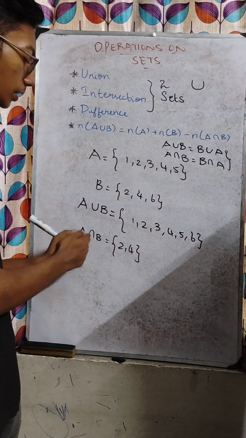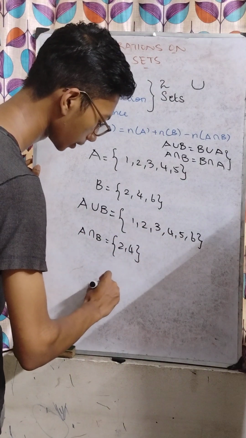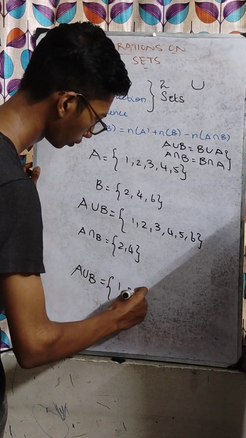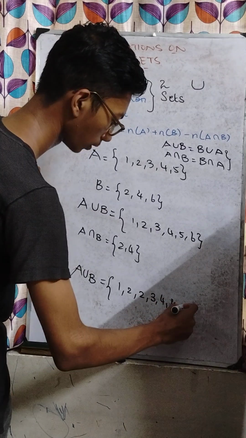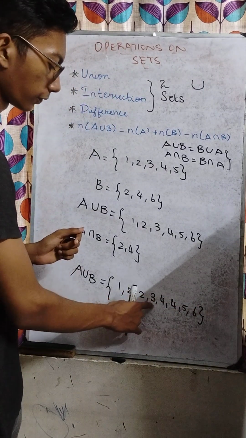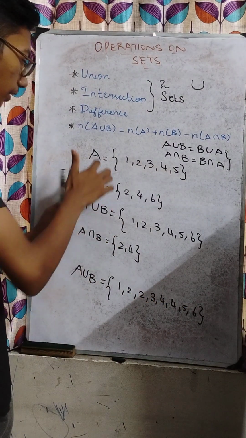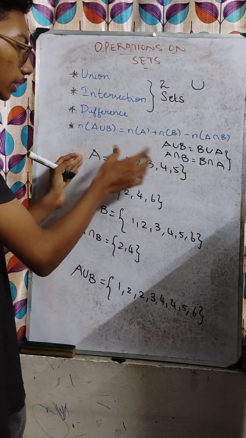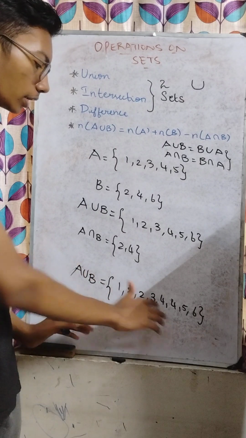But if there is an intersection, let's say we write A union B as 1, 2, 2, 3, 4, 4, 5 and 6. How many does this have? 1, 2, 3, 4, 5, 6, 7, 8. So this has 8 elements. If we just add the number of elements in A and the number of elements in B, we get this.